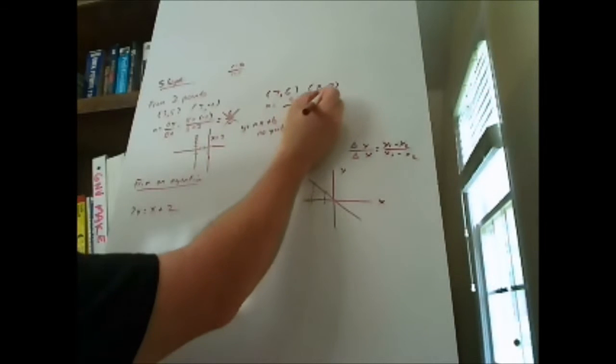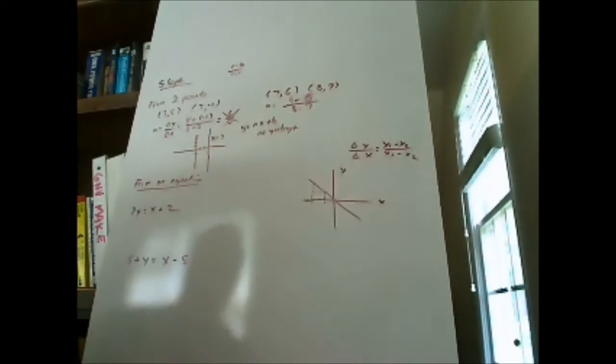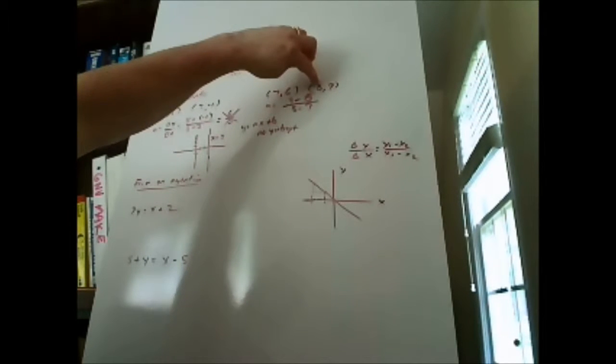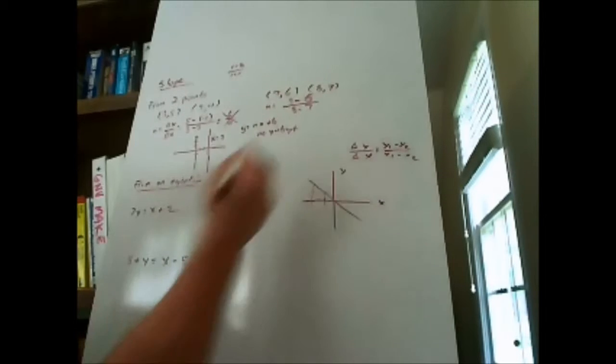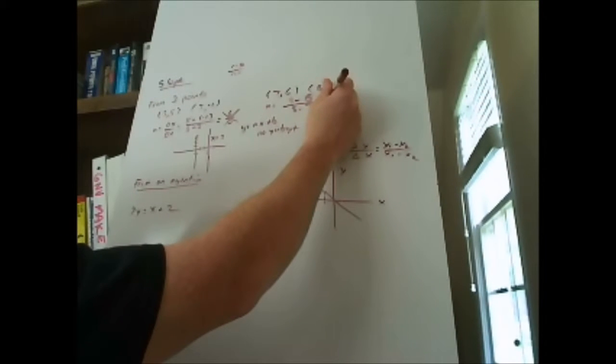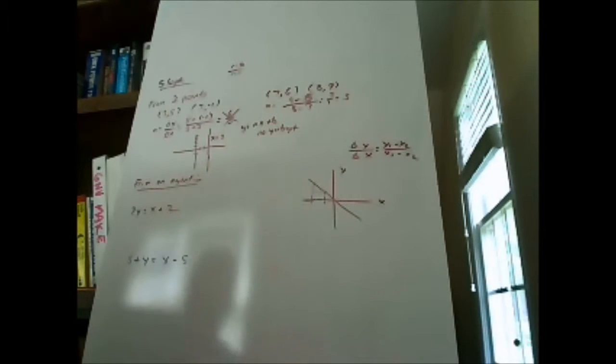Then 8 minus 7. Take the first one, 9 minus 6, and this is the x, 8 minus 7. And that's going to equal 9 minus 6 is 3, over 1, is equal to 3. Slope is equal to 3.